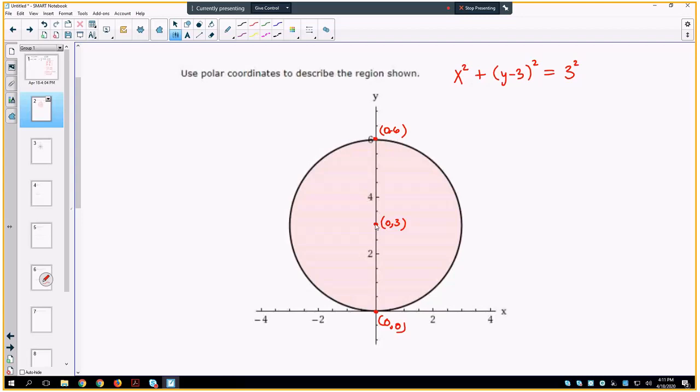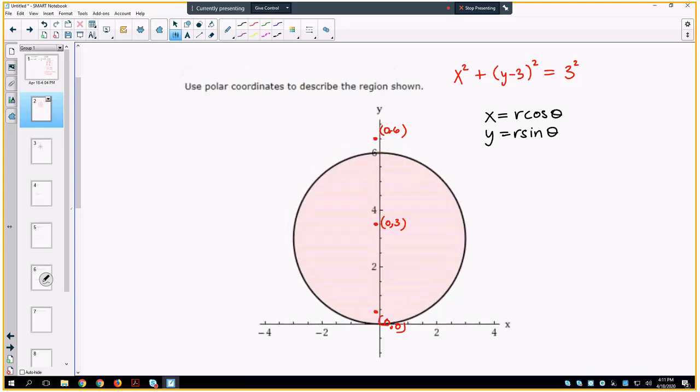I know the substitution I'm going to make is x is equal to r cosine theta, y is equal to r sine theta. So I'm going to say this is r squared cosine squared theta when I square x, plus (r sine theta minus 3) squared is equal to 9.